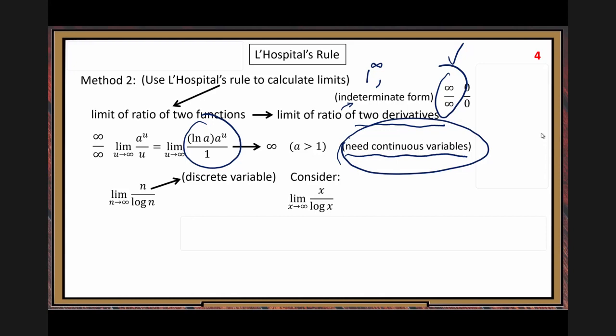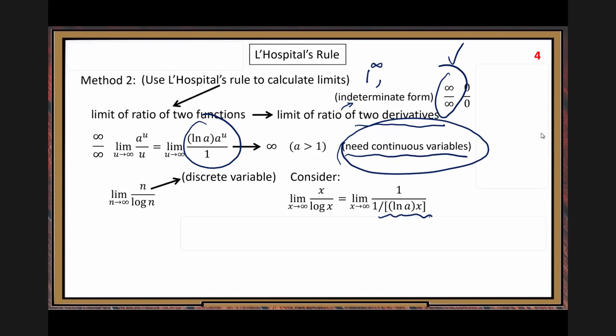All right, so let's take the derivative. The derivative of x is 1. Second, the derivative of the log function: we have this formula, 1 over (natural log of a times x). That's the derivative of the log function.